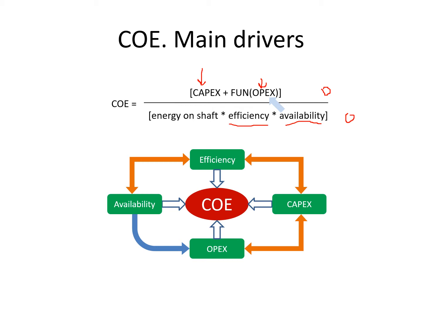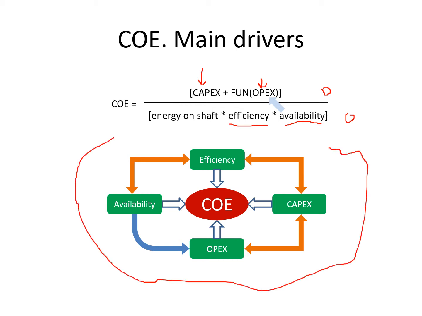So if we look now to the bottom of this slide, we see this diagram which shows that many criteria, efficiency, availability, capital expenditures, and operational expenditures, all feed into cost of energy. Together they make cost of energy the integral criterion. And these individual criteria can be in contradiction to each other. We see efficiency and capital expenditures are in contradiction.